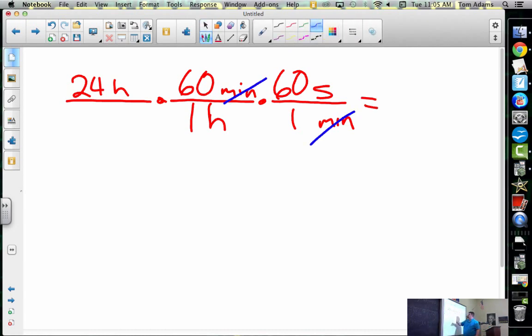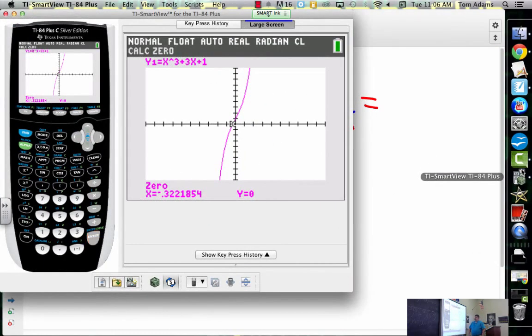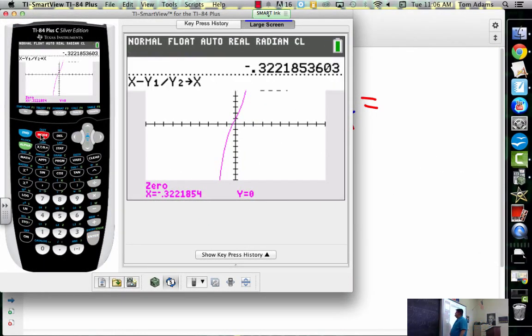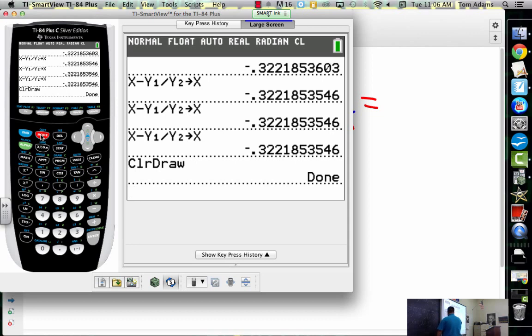If I multiply that all the way through, won't that give me the total amount of seconds? What's that number? Yeah, it's a big number, right? 24 times 3,600, which is 60 times 60. So there are 86,400 seconds in a day.